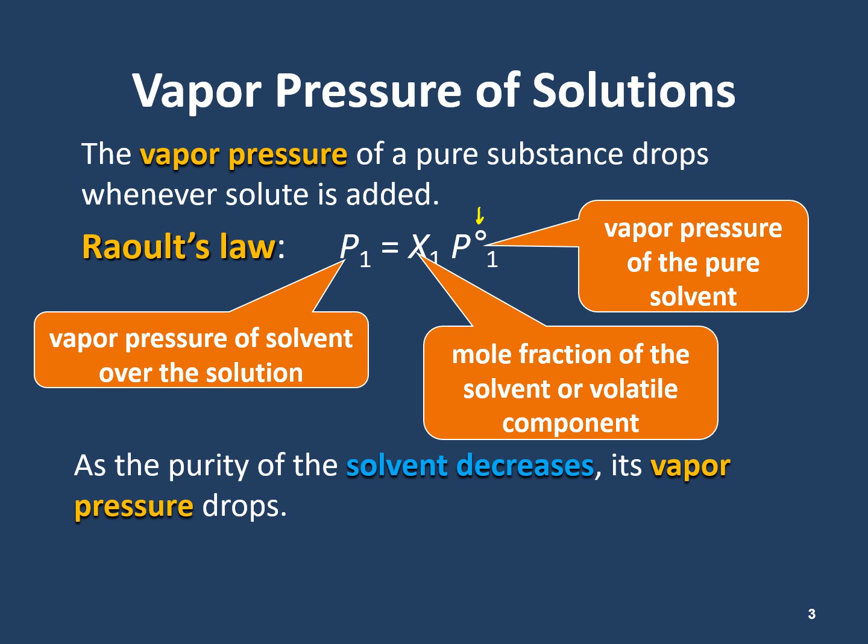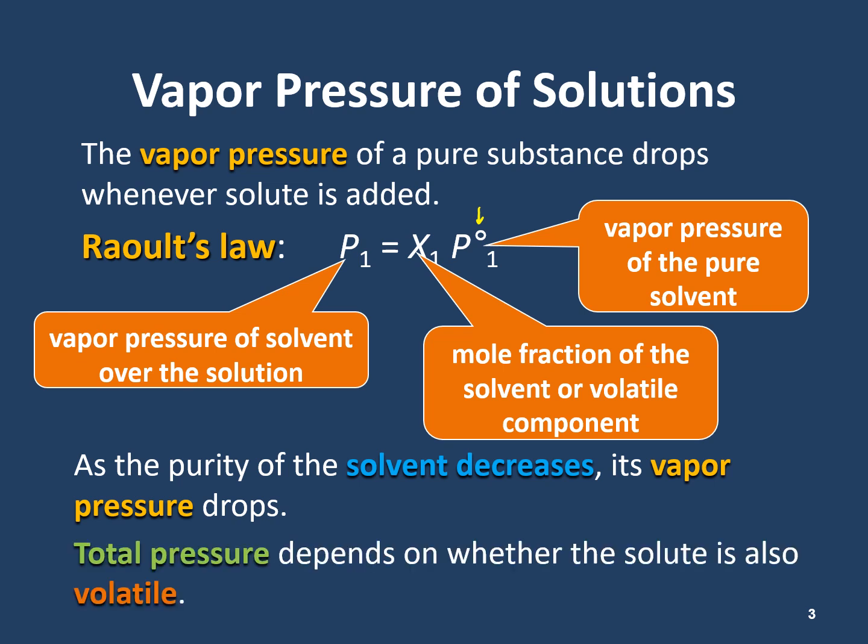As the purity of our solvent decreases, so too does the mole fraction, and therefore so does the vapor pressure of the solution. The total vapor pressure in the solution depends on whether both the solvent and the solute are volatile, or if only one of them is volatile. If only one of them is volatile, the vapor pressure of that volatile substance is equal to the vapor pressure of the solution. If both are volatile, it's the sum of the 2 vapor pressures.